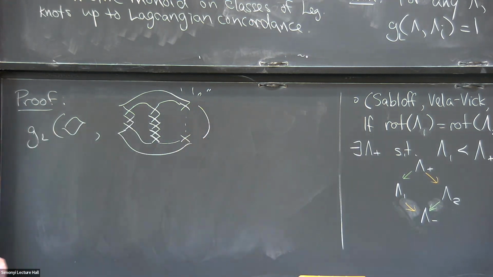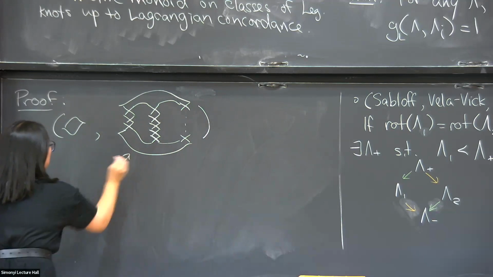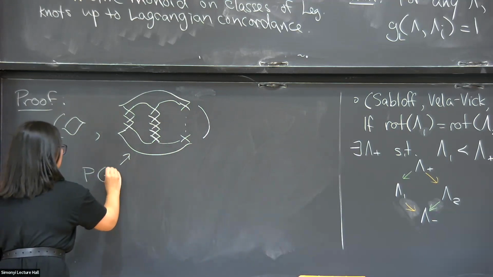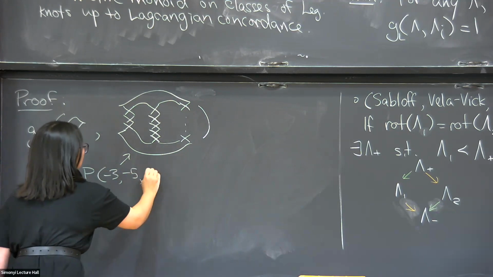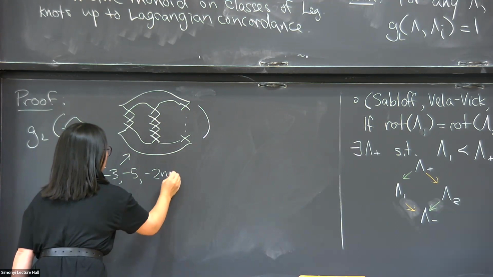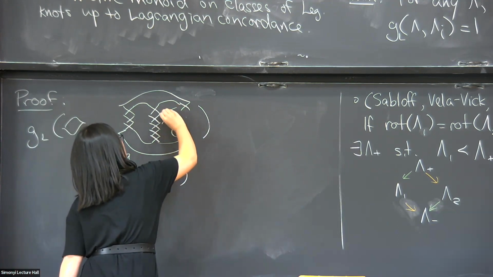All right, so if I consider this knot, this is a Legendrian version of the, I think, -3, -5, and then I'm going to say -2n plus 2n minus 1. 2n plus 1 crossings here.